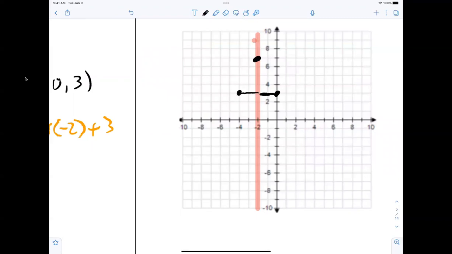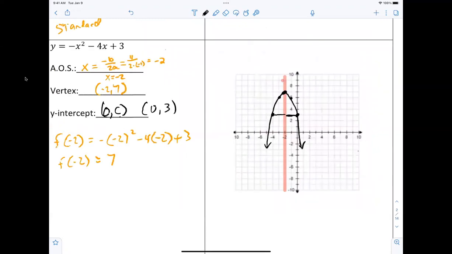Everybody good with that? And so now we do this. And there's our parabola. Notice if I went to the right one and down one, I'd be okay. Right one and left one. Anybody have any issues with that?